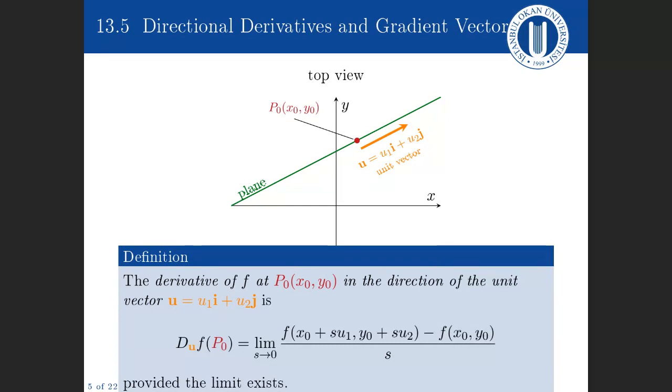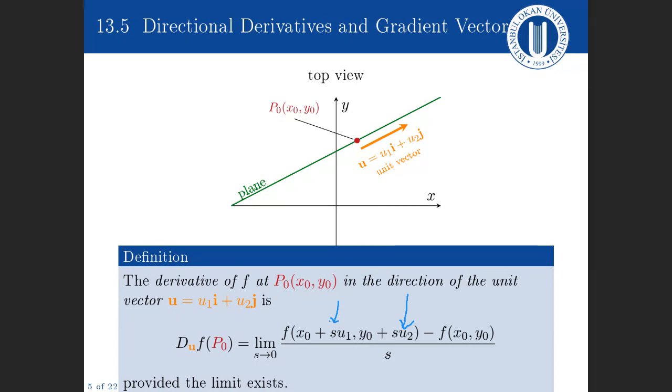And the answer is, now we're letting x and y change, but they're not changing equally. They're changing related to the orange vector. And we're going to insist that the orange vector is a unit vector.